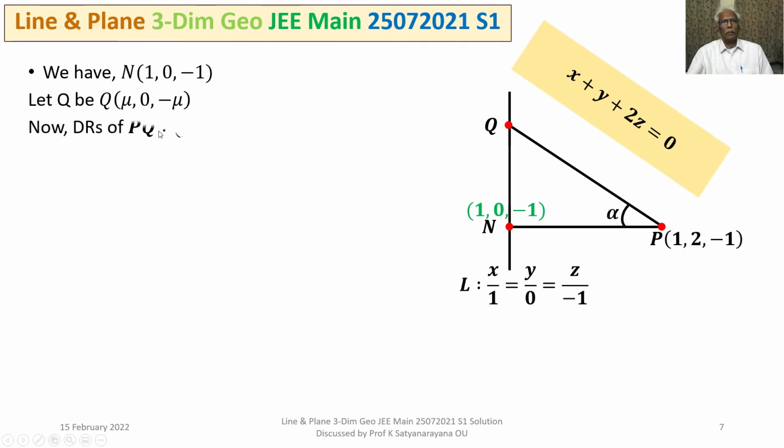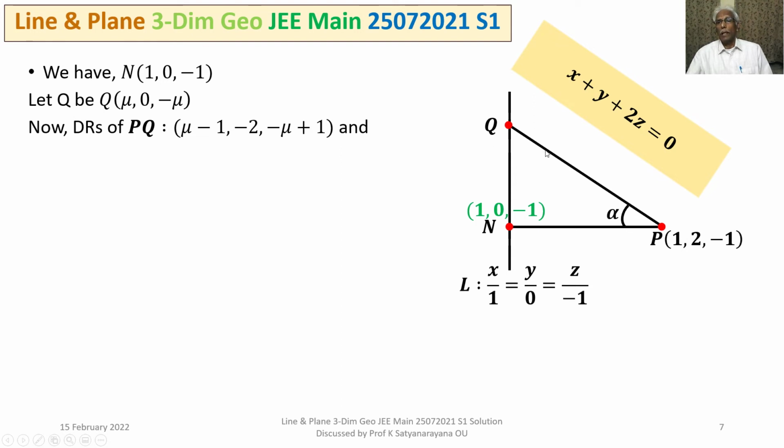And the direction ratios of PQ are mu minus 1, 0 minus 2, minus mu minus 1. That will be mu minus 1, comma minus 2, comma minus mu plus 1 are the direction ratios of PQ.